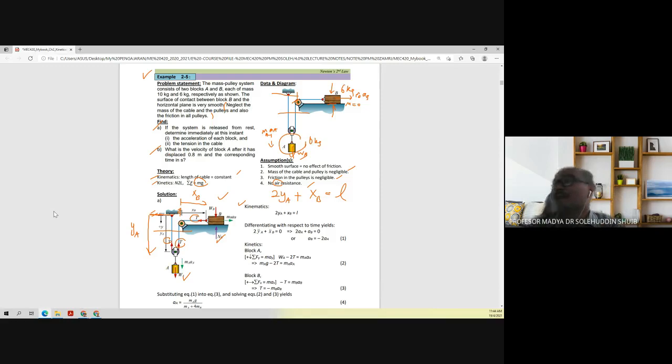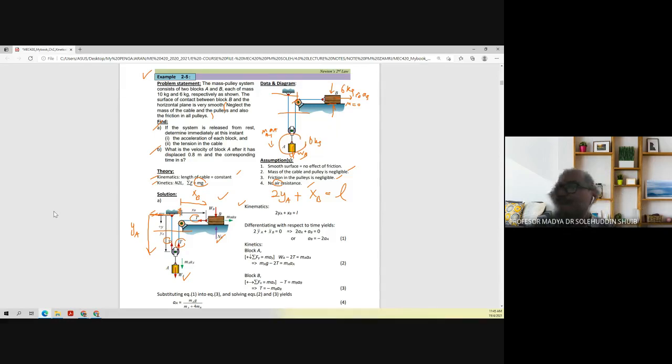Once you obtain all of this in the direction of it, you start to set up the equations for kinematics and kinetics.